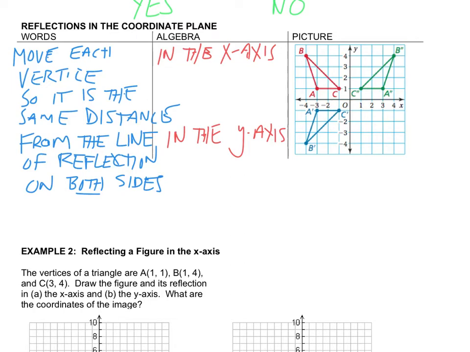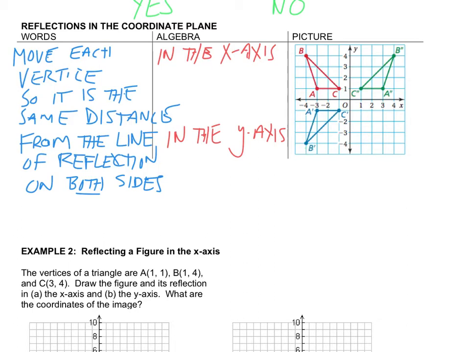So again, notice the tick marks. Notice this right here tells me triangle ABC. This is my original. This one was reflected in the x-axis to drop it down here, to turn it into A prime, B prime, and C prime. That would tell me that's the first image point.